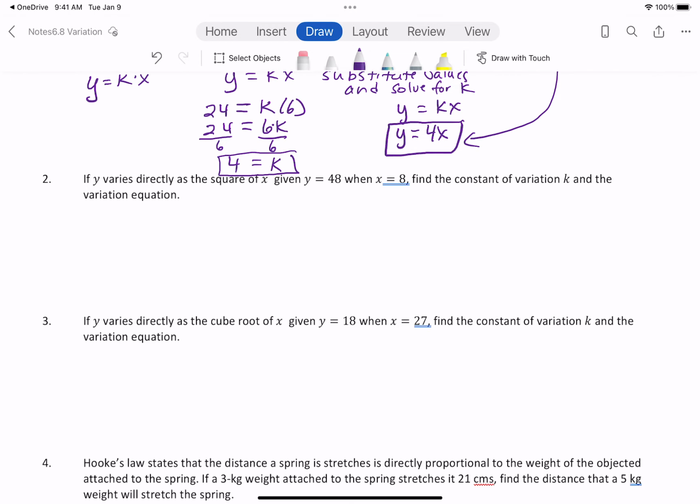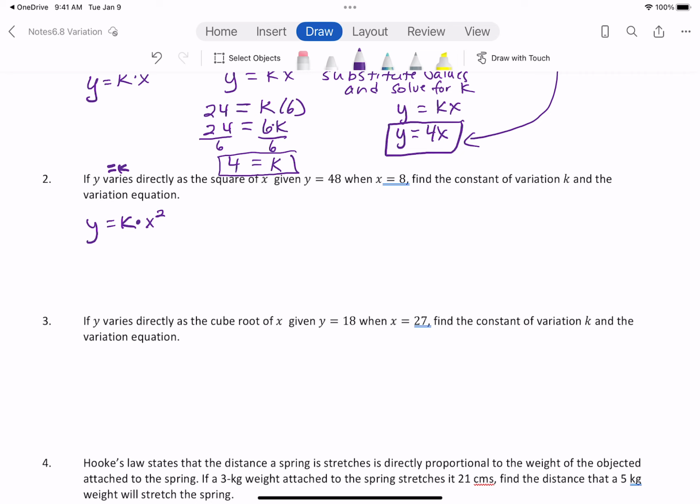For the next one, I have y varies directly as again. So y varies is equals k each time. Varies directly, so we know it's going to multiply with k. And what is varying is the square of x. So that wants x squared.